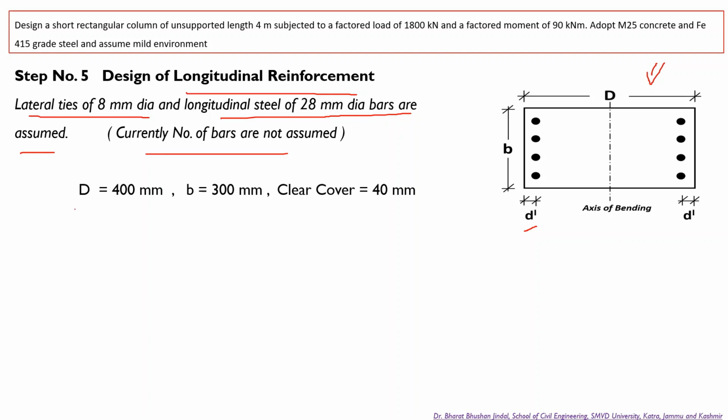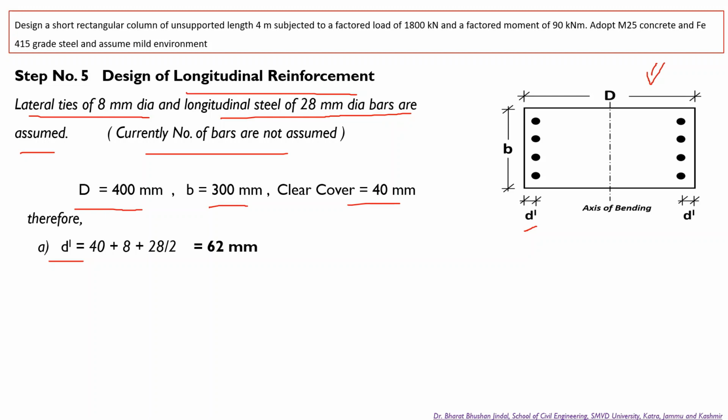So here capital D, that means the longer side, is 400 millimeter, the width we have taken is 300 millimeter, and the clear cover to the reinforcement we have decided is 40 millimeter. Accordingly we can work out the value of D dash, because D dash is the distance of the center of the main or longitudinal reinforcement from the outer surface of the section.